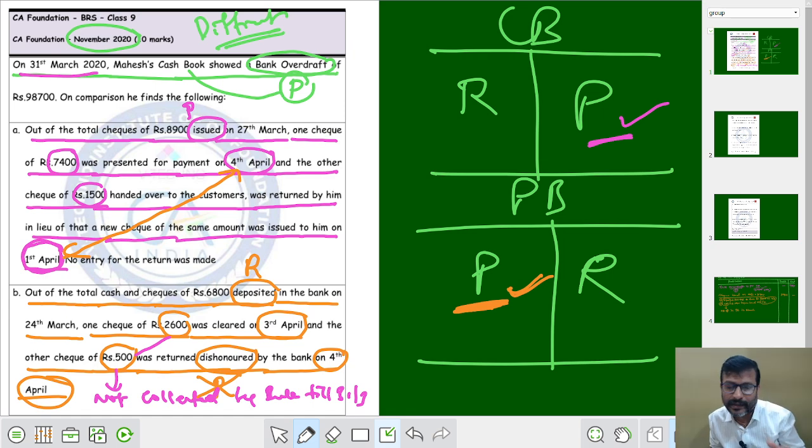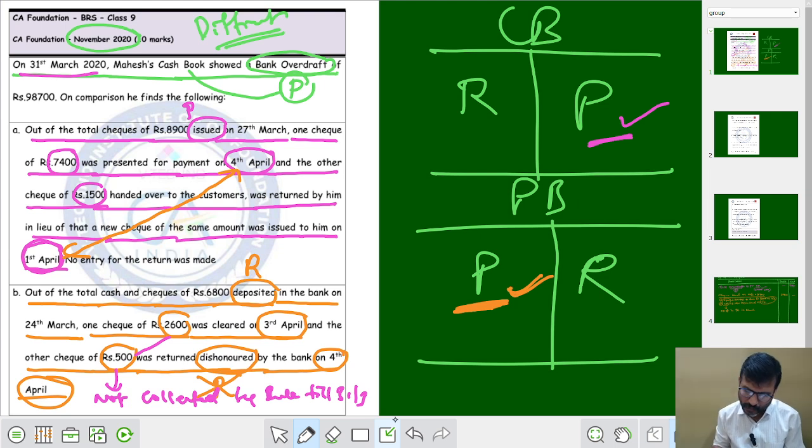4th April को डिसऑनर हुआ means we can say that the check is not collected by the banker till 31st March. 4th में डिसऑनर हुआ. Means 31st March still they are living together. Still they are living together, right? There is no dishonor. So we should not take dishonor in the month of March. Instead of that, we can say that not collected by bank till 31st March.